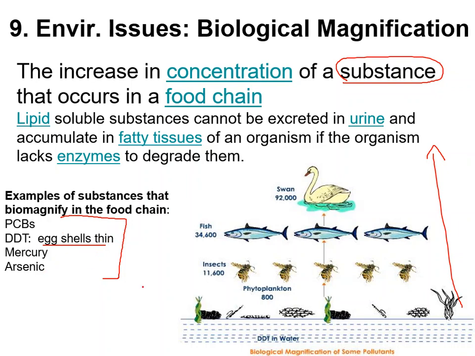Mercury, arsenic, so these are all toxins, and when they make their way into water supplies, they slowly accumulate in concentration because they're never processed, they're never broken down, they just kind of sit in the tissue and accumulate and accumulate. And as the consumers eat whatever's underneath them in their trophic levels, they accumulate all of that too. So the amounts, the units of these slowly increase as you go up the food web.